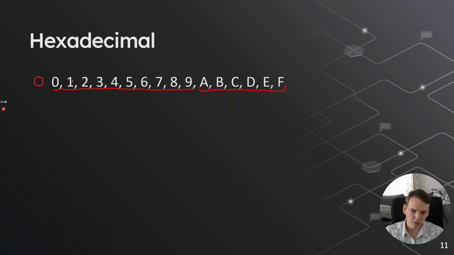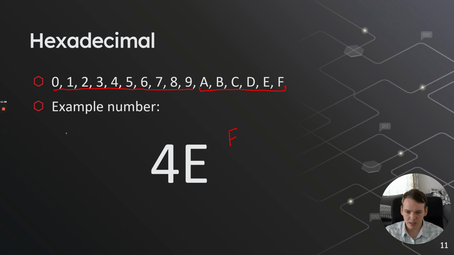So the numbers go 0, 1, 2, 3, 4, 5, 6, 7, 8, 9, A, B, C, D, E, F. So A is 1 bigger than 9. If it was in base 10, it would be 10. B is 2 bigger than 9. If it was in base 10, it would be 11. But this means we can write up to 15 in base 10 as a single digit, right? Instead of writing 15, I can just write F. So it's 1 fewer digit.